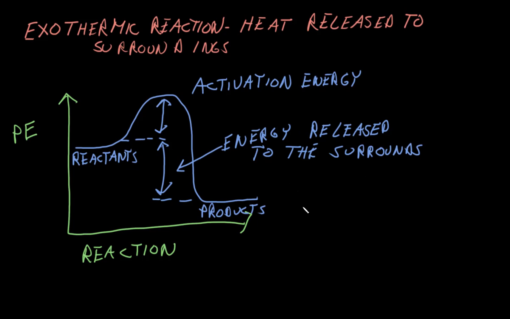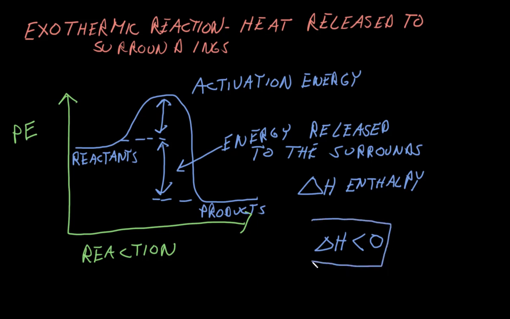Now, you got to remember, delta H is enthalpy. And another way you could think about this is our delta H. When it is an exothermic reaction, delta H is going to be less than 0. So if you want to say the box is the system, then energy is released to the surroundings.